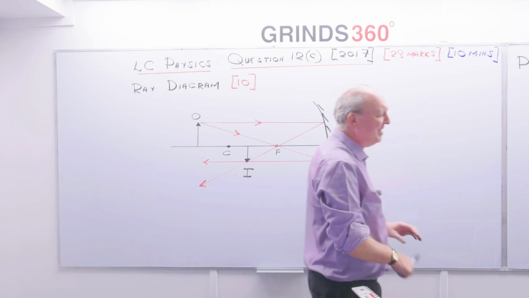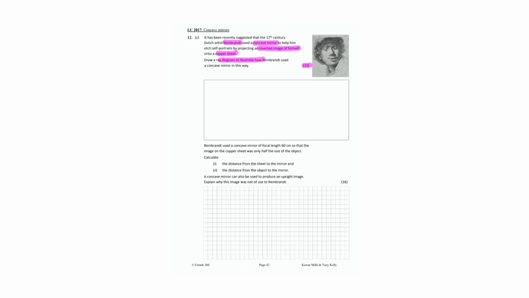So let's go back to our exam question. Rembrandt used a concave mirror of focal length 60 centimeters so that the image on the copper sheet was only half the size of the object. You've got to calculate the distance from the sheet to the mirror.